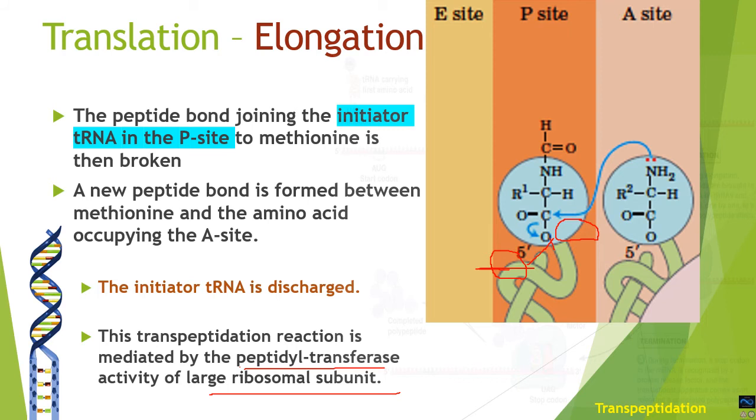So this is how the bond is formed between the first amino acid and the second amino acid of the tRNA. The amino group of the second amino acid makes a nucleophilic attack on the carboxyl end of the first amino acid, which is methionine, for the creation of this bond. This is mediated by the large subunit of the ribosome through its peptidyl transferase activity.